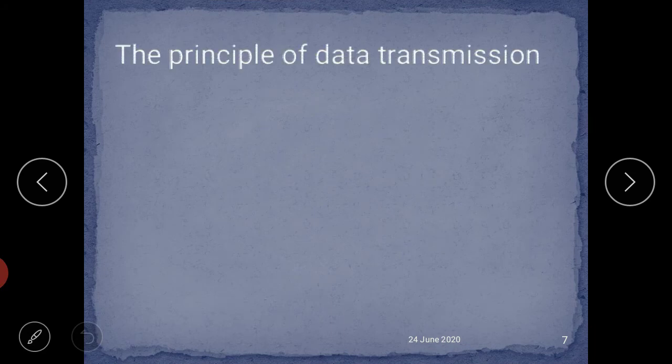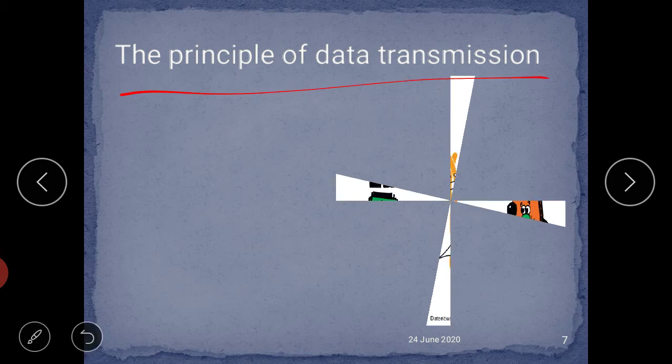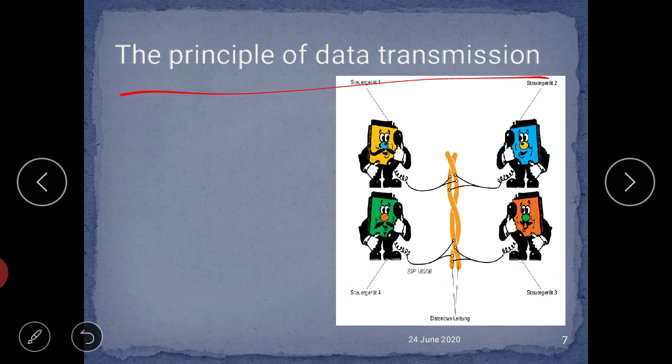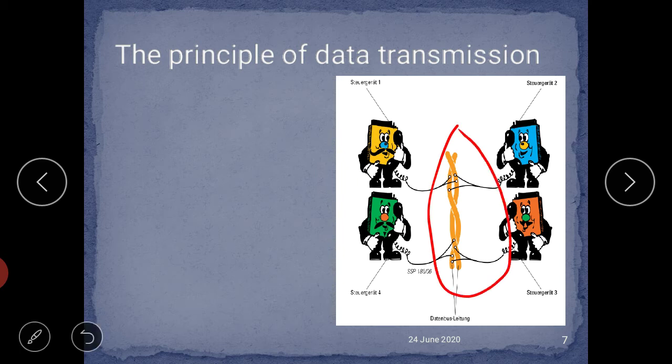Now the principle of data transmission. What is the principle? Okay, so as you see, there is a wiring network communication. Suppose consider there is a teleconferencing going on. So each subscriber in this case is connected via 2 yellow lines. You can see this yellow line.